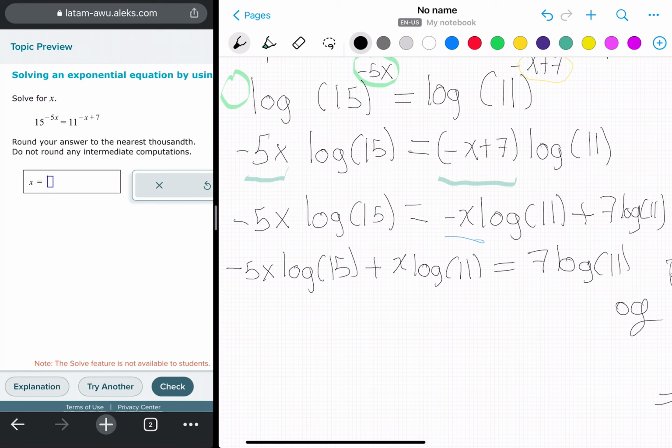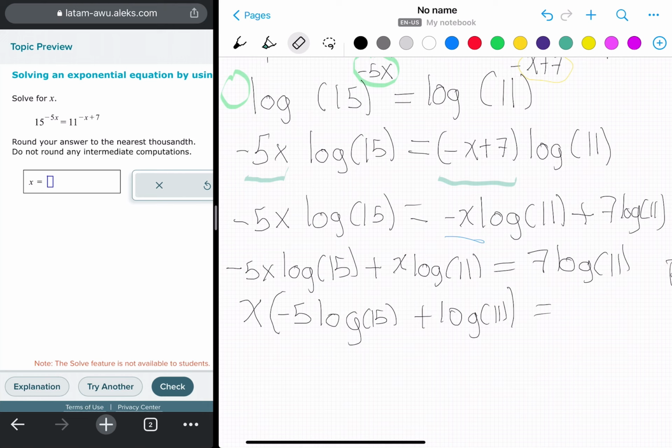Once I have on one side all of the terms that have an x on it, which in this case are just these two, I can factorize the x because it's a common term. So I have x multiplying minus 5 logarithm of 15 plus the logarithm of 11, and that has to be equal to 7 log 11. Alright.